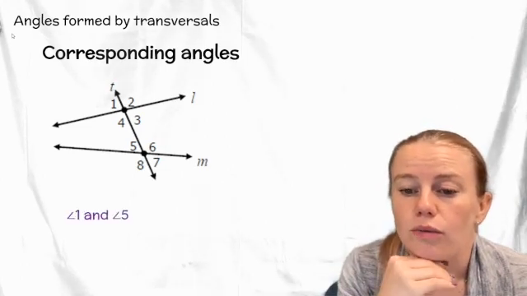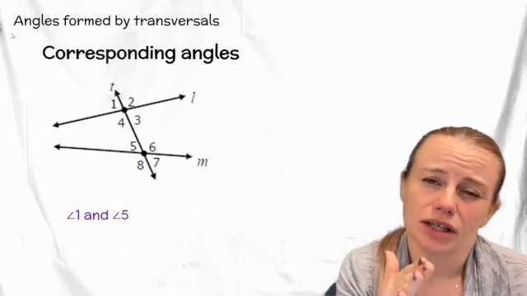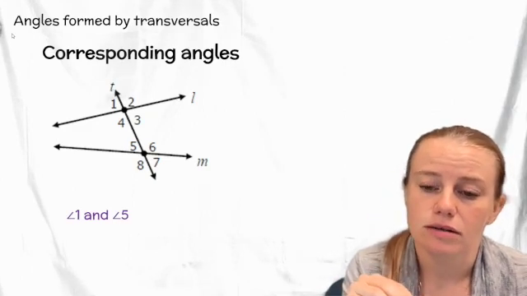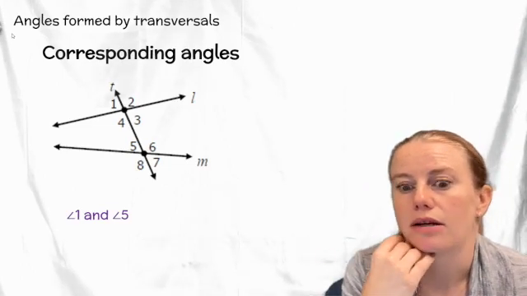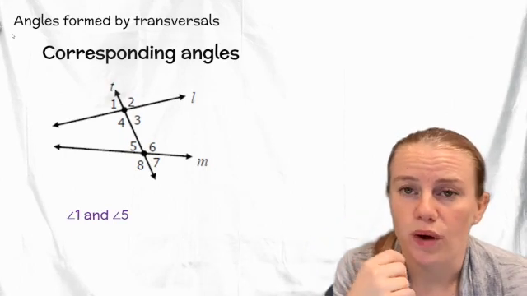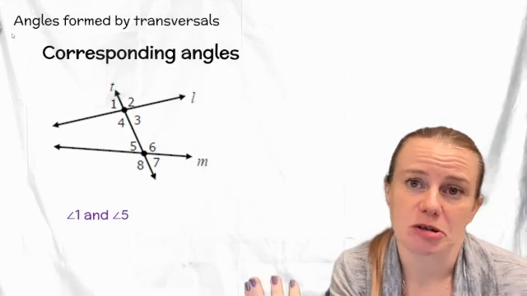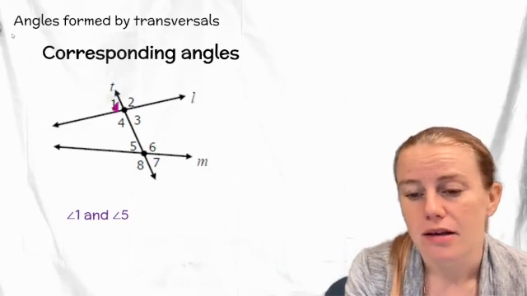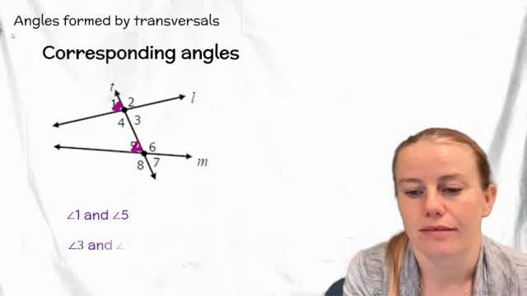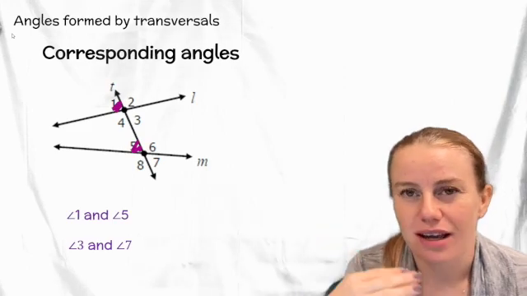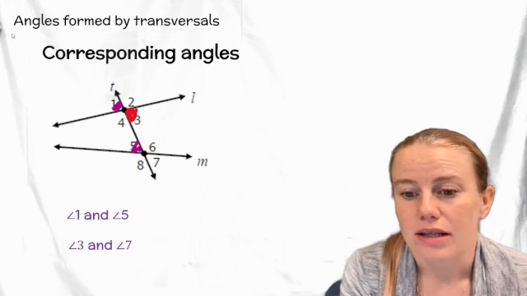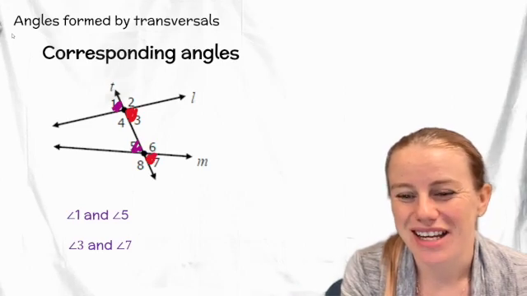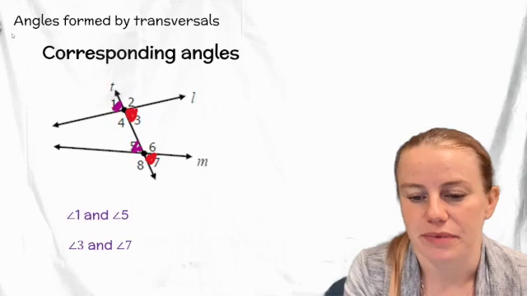So looking at 1 and 5. Do you see that 1 and 5 are on the same side of that transversal? And based on their position of that other line, they're in the same position. So whatever these numbers are, say that angle 1 is 50 degrees, then that means that angle 5 is also going to be 50 degrees. Okay? So then angle 3 and angle 7, I've said that they are also corresponding angles. They're both on the same side of that transversal and they're in the same position. Okay.